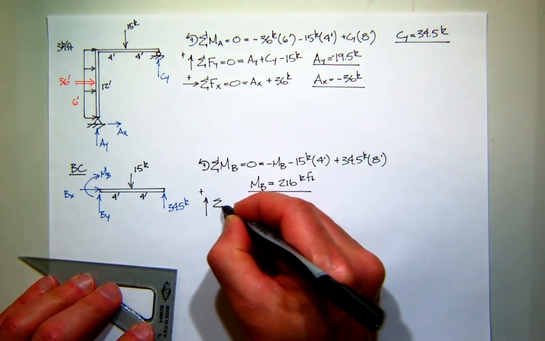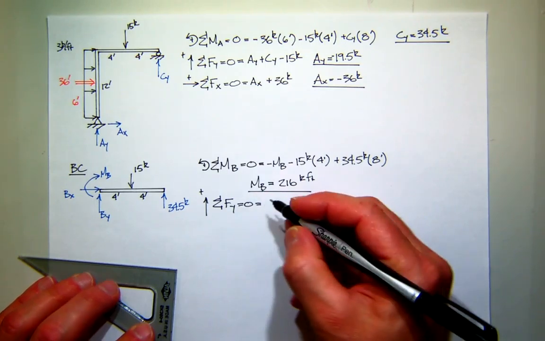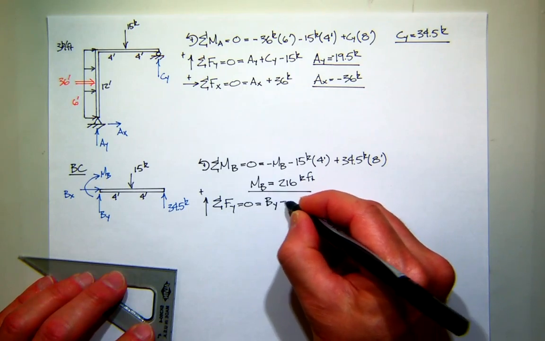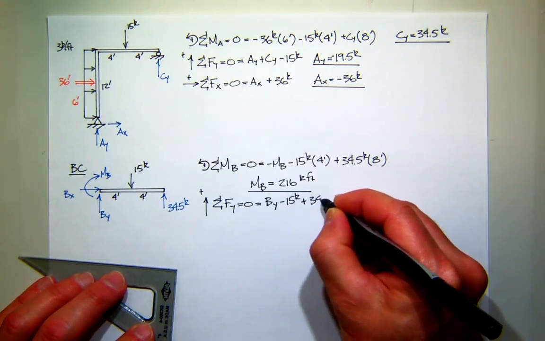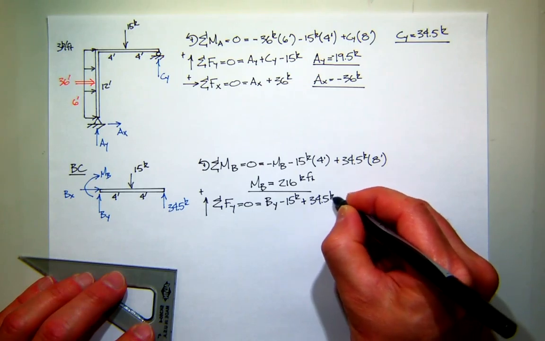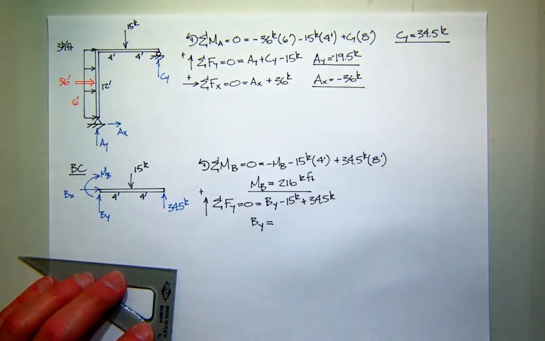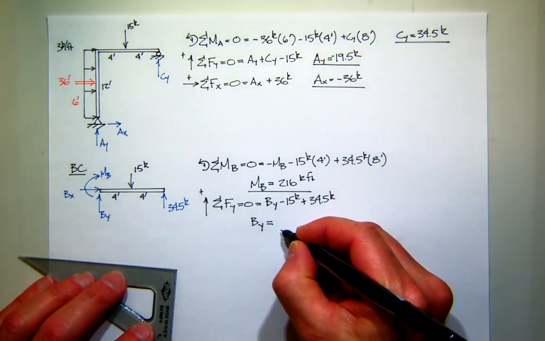And then we will sum forces in the y direction. So I have By acting up, minus 15 kips down, plus 34.5 kips up. So my reaction at B is 19.5, right?